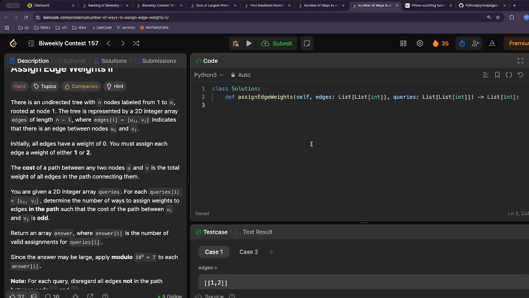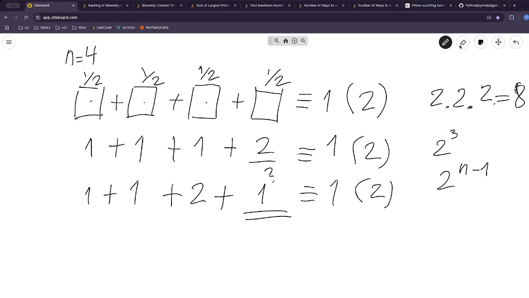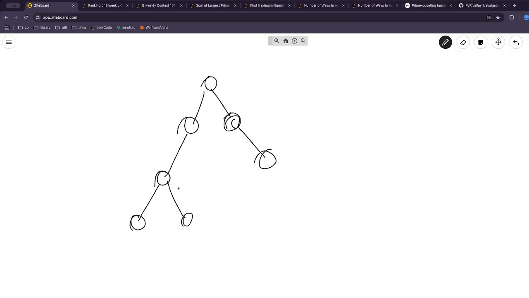So the idea, if we have a tree, so let's say that we have this node U and this node B, right?